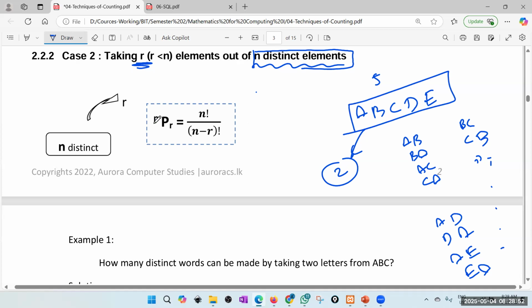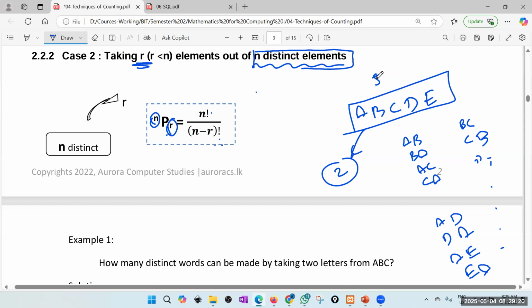If you have n distinct elements, and out of those you take only r items at a time, where r is less than n, obviously, the number of ways you can arrange linearly is factorial n divided by factorial n minus r. And this is called nPr. Factorial n divided by factorial n minus r.